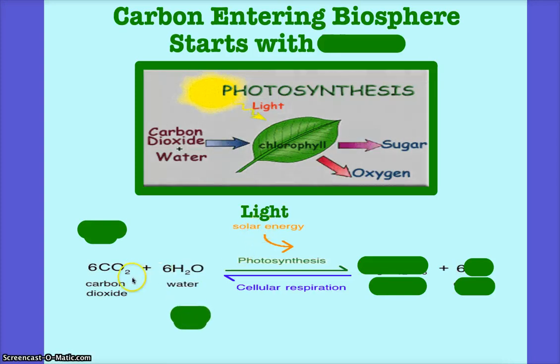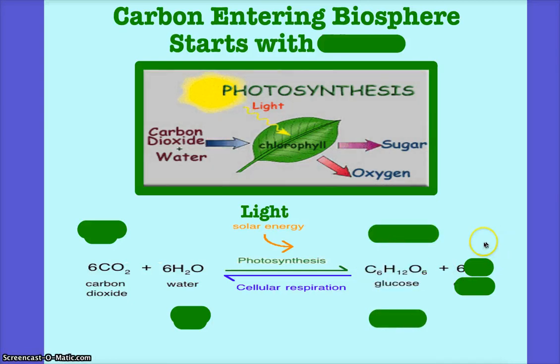And you have to know that it's 6 molecules of carbon dioxide, 6 molecules of water, and together with light they transform into glucose, which is, anybody know the chemical formula? Good job. Plus 6 molecules of oxygen. This process is called photosynthesis.